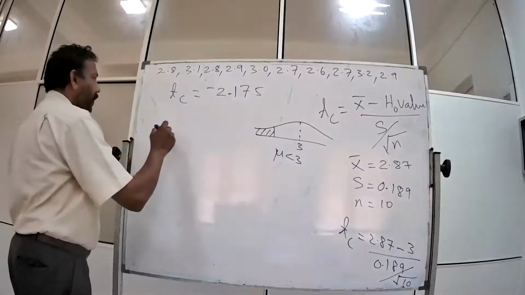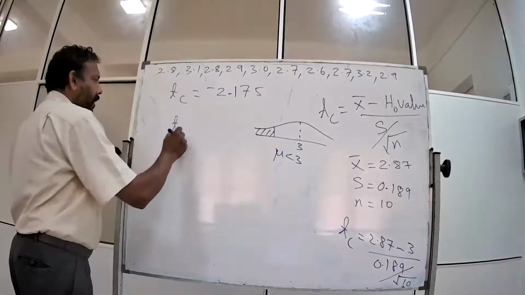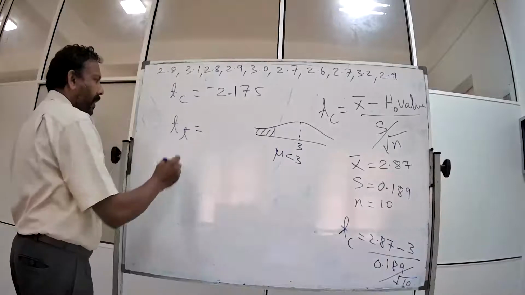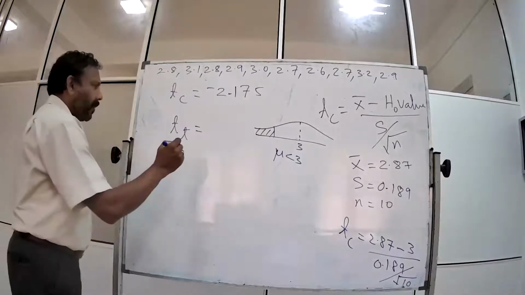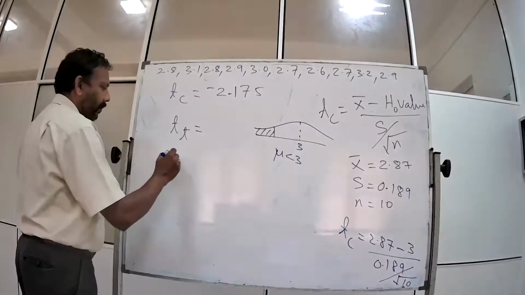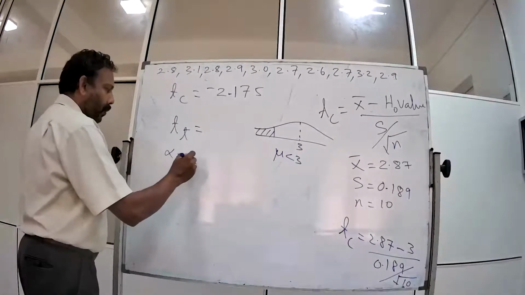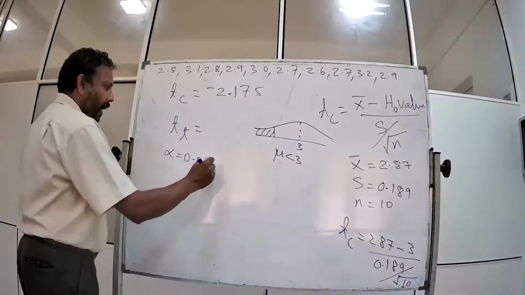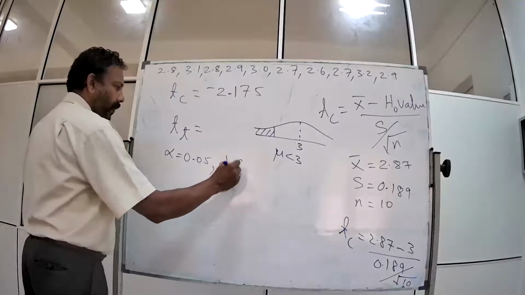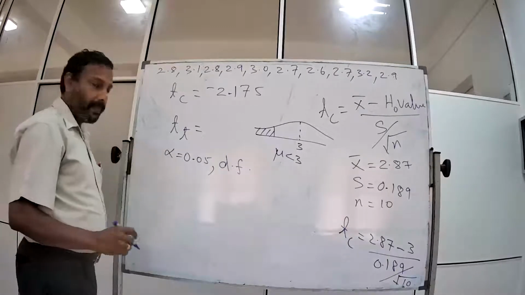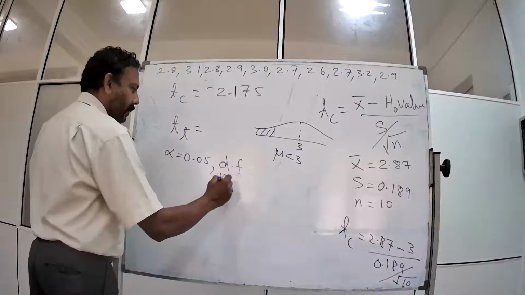Now I'll have to take the table value. To take the table value, we need two pieces of information. One is alpha, which let's assume is 0.05, and the other is the degrees of freedom. What is the degrees of freedom? N minus 1.